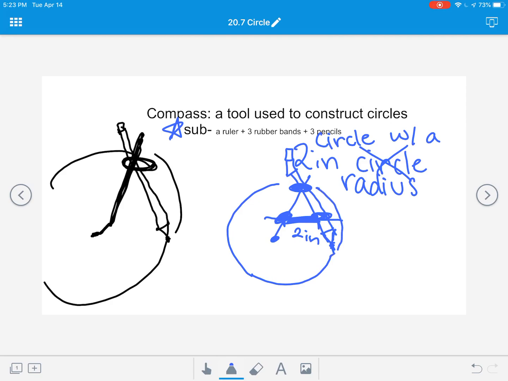The distance from the center to the edge will be 2 inches, and the center to this edge 2 inches, and here 2 inches. And from the center to the outside is called the radius. So at some point today, go ahead and try that. I am going to have you guys try that on a Zoom meeting with me. I'll show you how to do that tomorrow, okay?